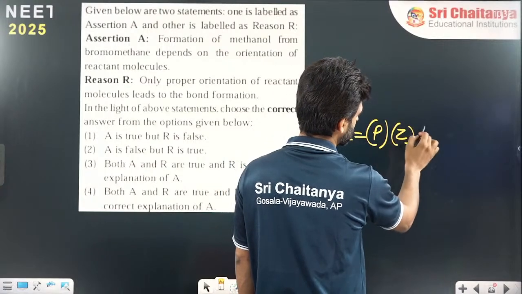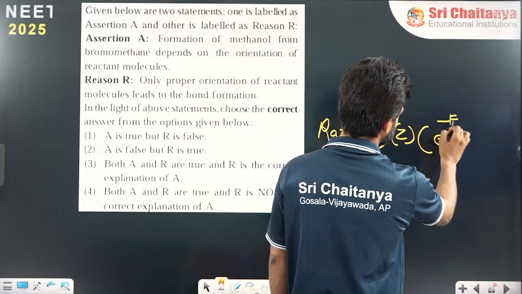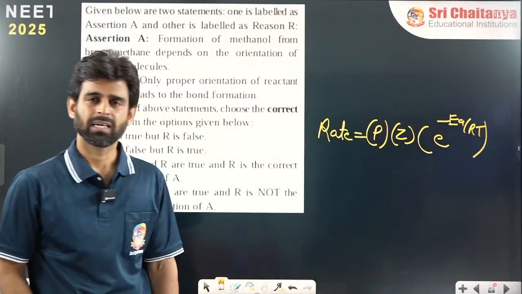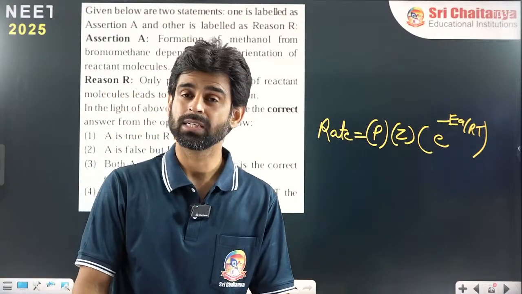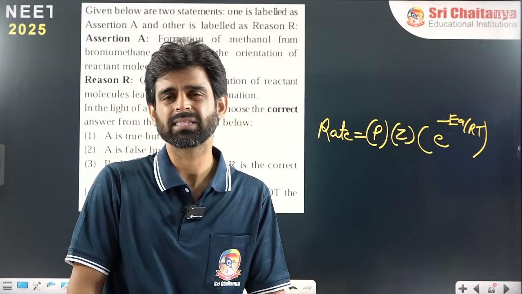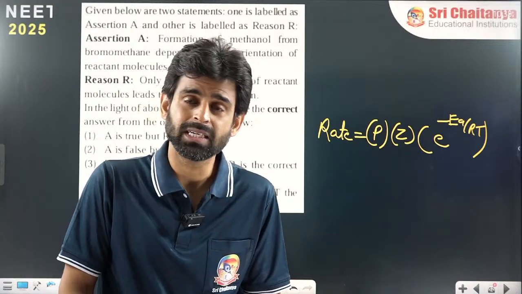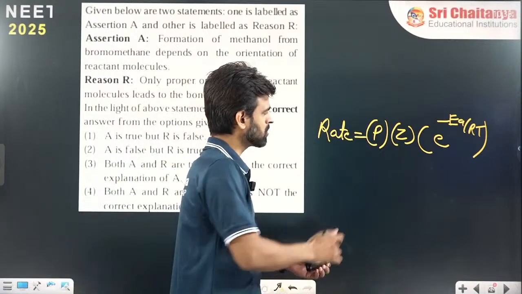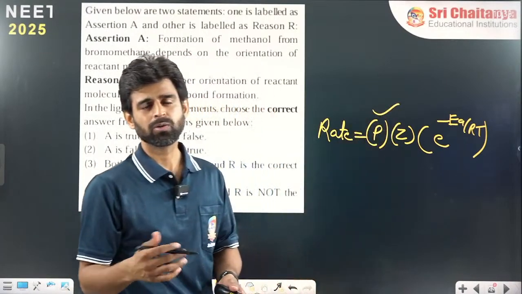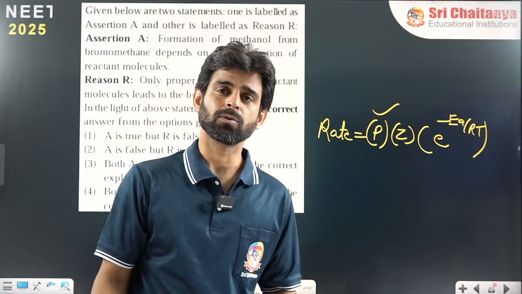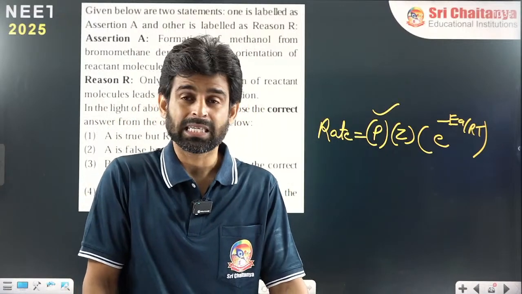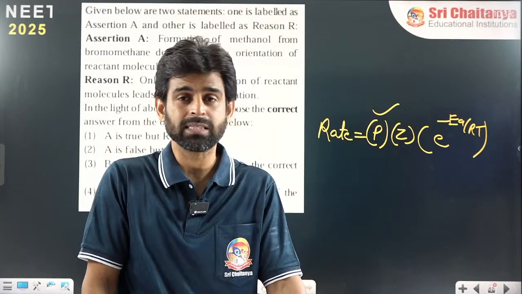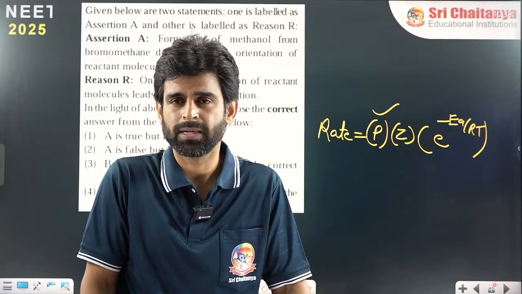One is Z, collision frequency, and one is e to the power minus Ea by RT, showing the fraction of molecules having energy more than threshold energy, also called activation energy. So orientation is also very important. Only collision is not enough, only energy is not enough, orientation also important.